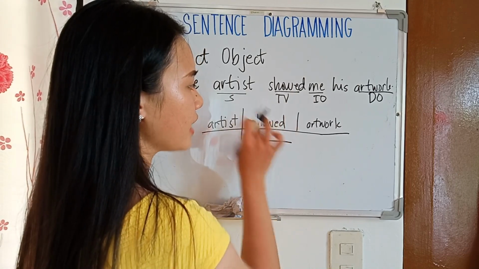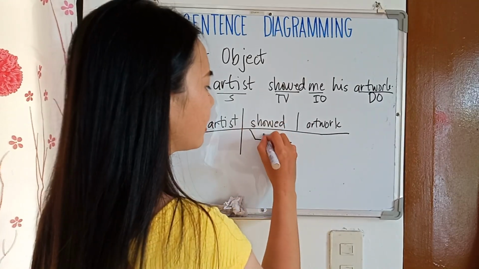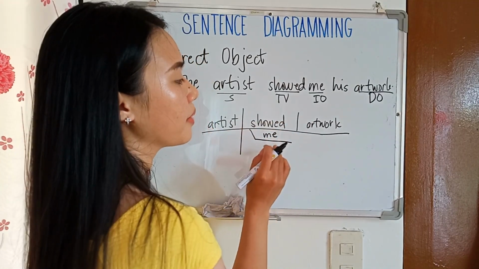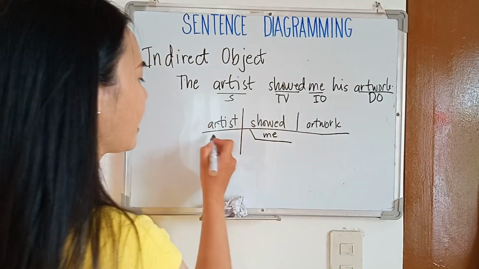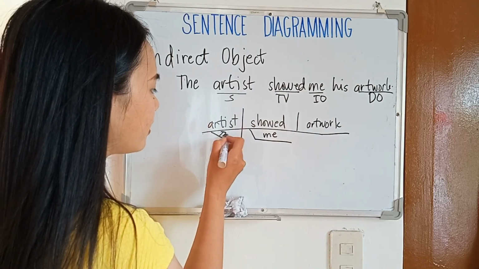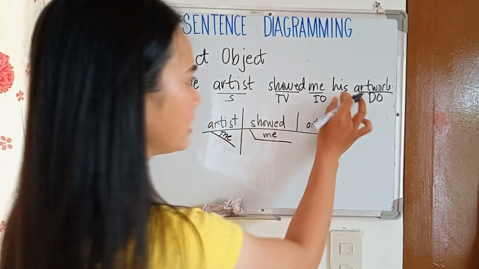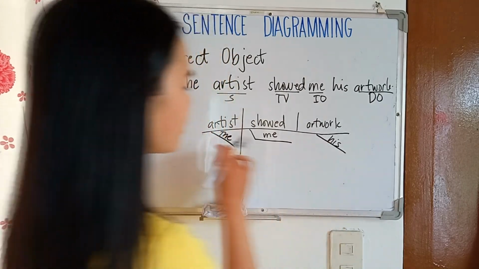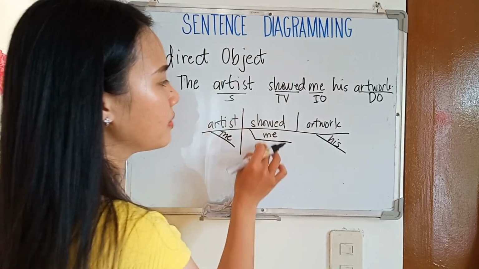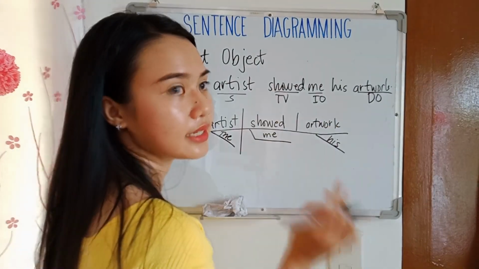Because this act of showing is for the indirect objects. We're going to write it here. Me. Okay, so there are adjectives or modifiers. We're going to add the below the artist, capital letter T, and his work. Below artwork, we have his. The artist showed me his artwork.